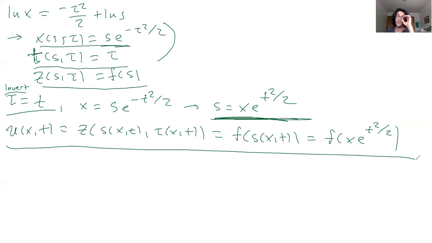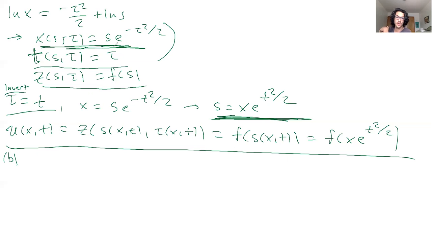Solved by method of characteristics. So that was our first problem here. The second problem was to investigate what these characteristics do to the initial condition.